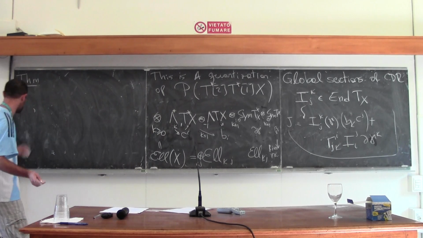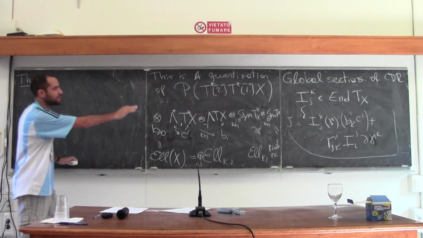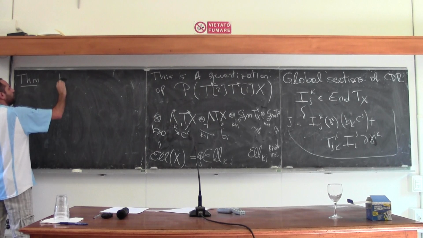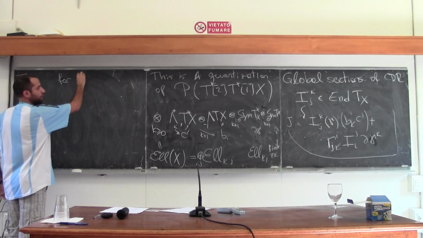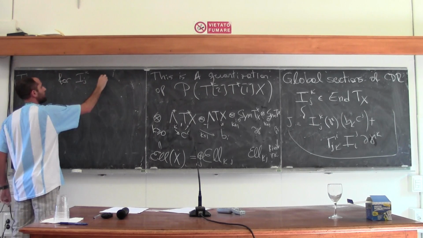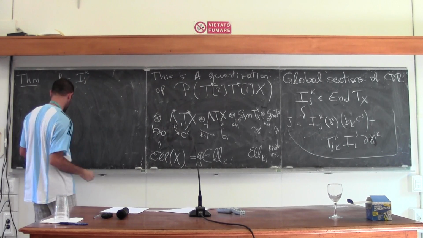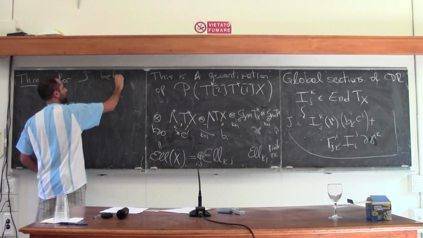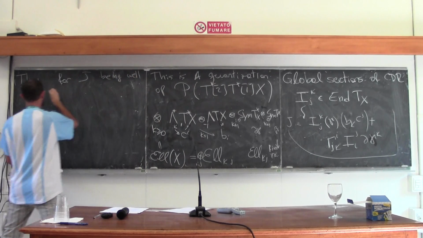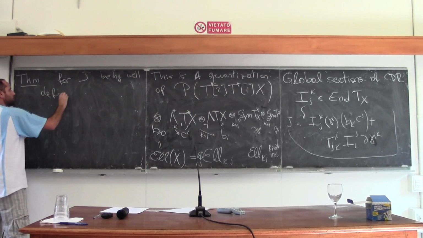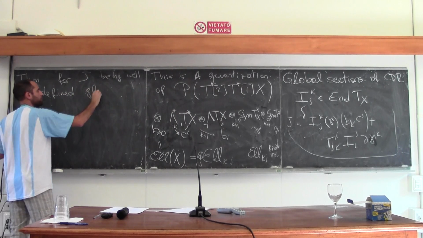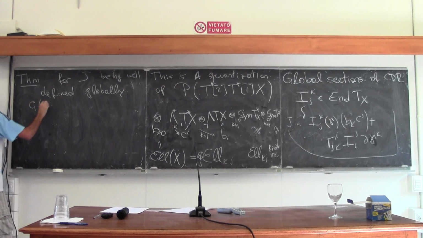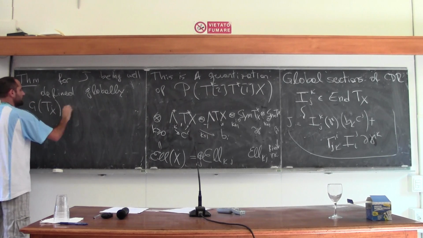Maxim is right. So for J to be well defined, J doesn't need to be a complex structure. I doesn't need to be a complex structure, but for I, J, K, well, for that section J that I wrote there, being well defined globally, you need C1 of TX to be true.